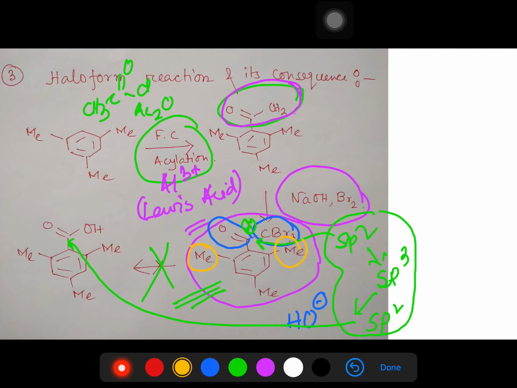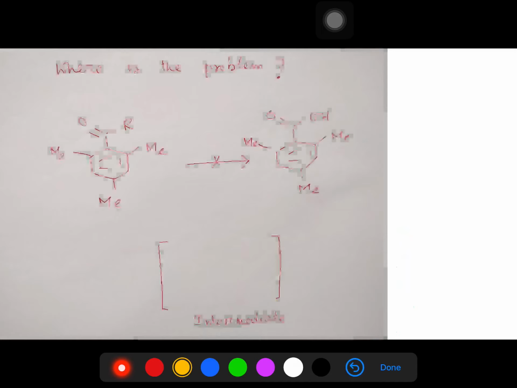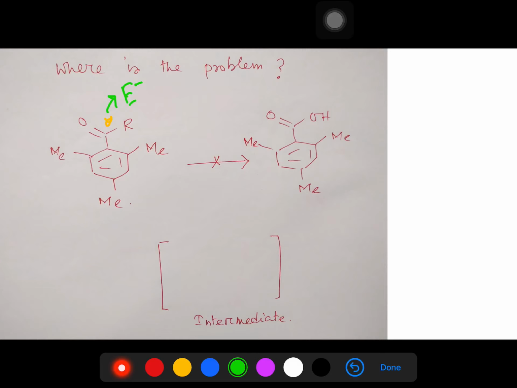Now question, what is the problem? Where is the problem? The main problem is this carbon, which is actually an electrophilic one. Okay, so this is actually an electrophile, E plus, not capable of nucleophilic attack. Why?